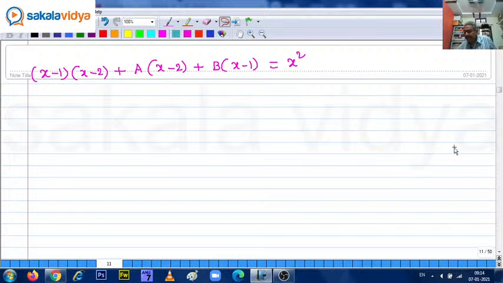Now this time suppress the x minus 2 factor.